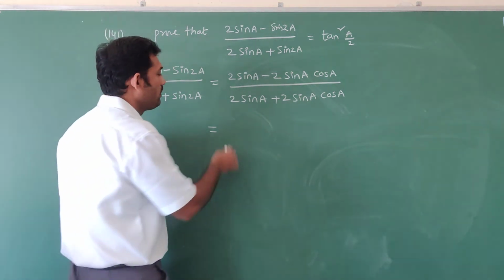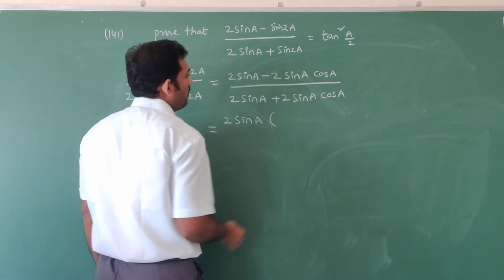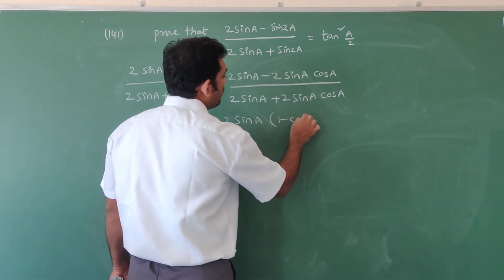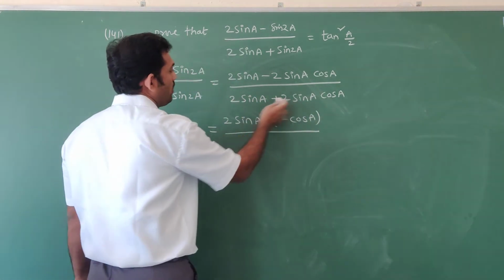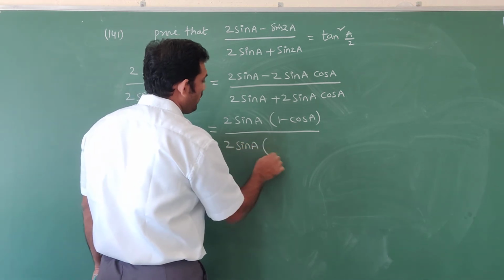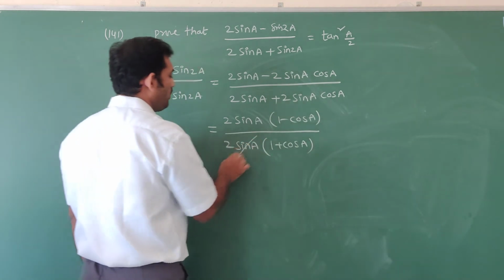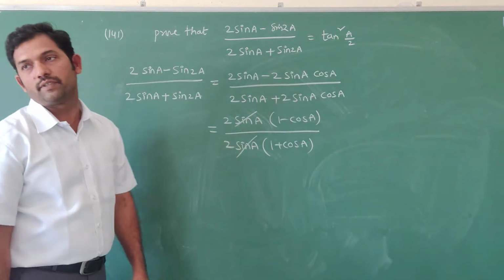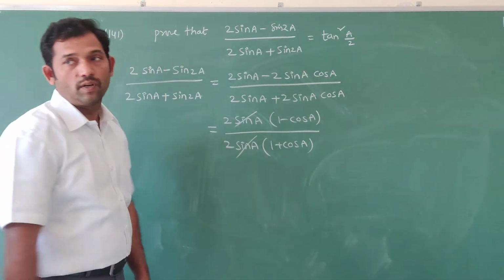So 2 sin A common in the numerator, 1 minus cos A, divided by, here also common, 2 sin A, remaining 1 plus cos A. So both will be cancelled. 2 sin A cancels, so remaining 1 minus cos A over 1 plus cos A.